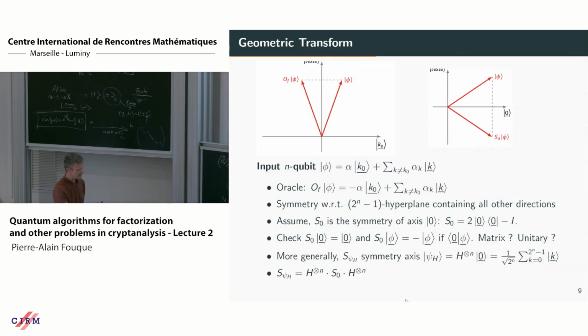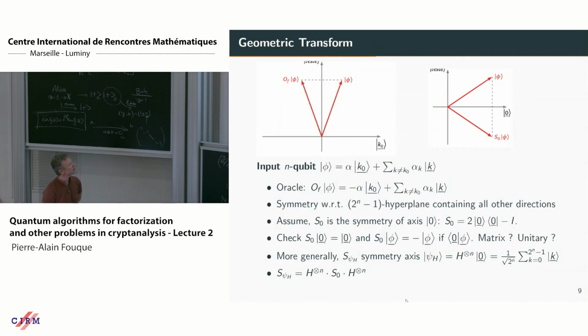And if I want a symmetry according to some other axis, it's always possible to apply a Hadamard transform before and after, and then you are in the same situation as doing this symmetry. So you can implement this using only basic unitary matrices.